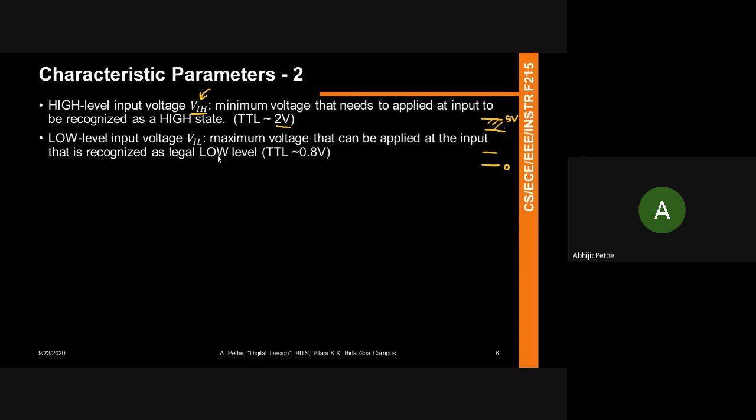So remember, to be in a high state, my input voltage should be between VIH and the maximum voltage, which is 5 volts in TTL. In the low level, if I have to show a legal low at the input, then my voltage has to be between 0 and VIL. In TTL logic, this number is around 0.8 volts. So you see that the band for high in TTL is much higher than the band for low.